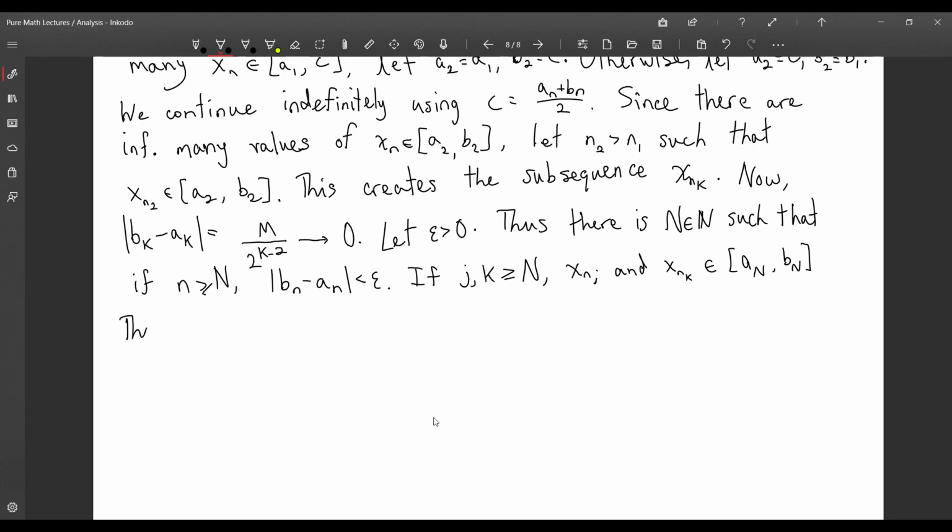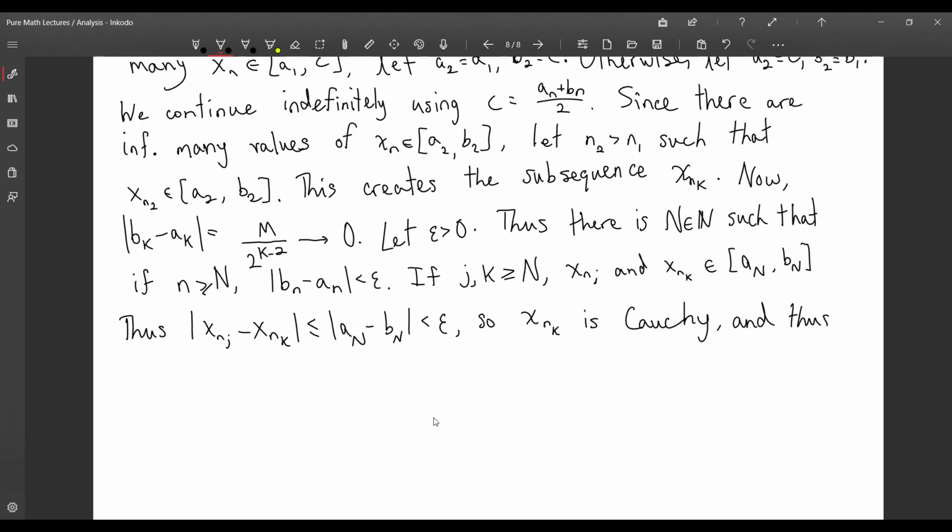Thus, the distance between x sub n sub j and x sub n sub k is less than or equal to the distance between a sub big N and b sub big N, which is less than epsilon. So x sub n sub k is a Cauchy sequence, and thus x sub n sub k converges.